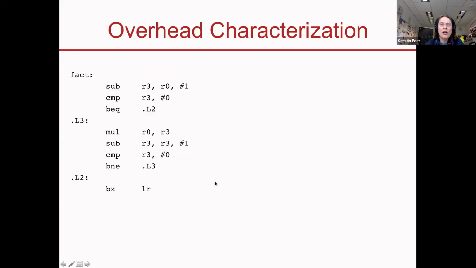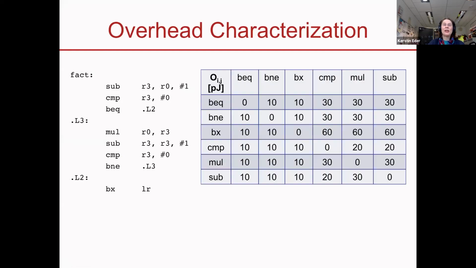Okay. There are also the overheads, and that we need to characterize too. Okay, let's have a look. Here we've got all the different instructions per column and per row, and we now have the switching overhead between instruction I and instruction J. So if I want to know how much it costs to switch from a multiplication to a comparison, that's an extra 30 picojoule, right?